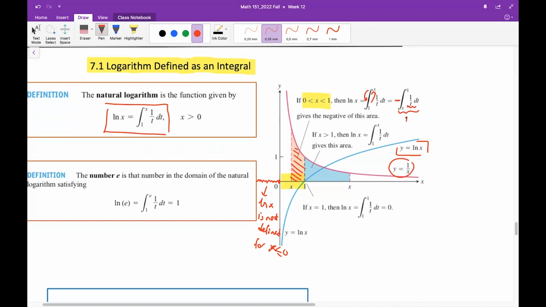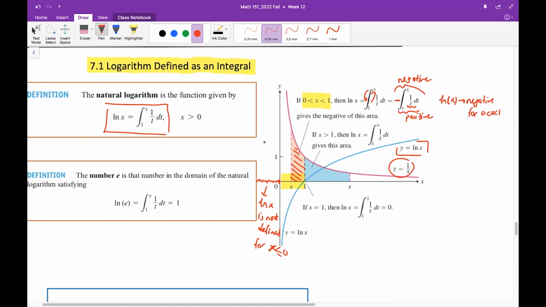So it is something positive, and since you have an extra minus sign in front, the overall thing for ln x, where x is between 0 and 1, is something negative. You understand that the values of ln x from this line are negative for x between 0 and 1.